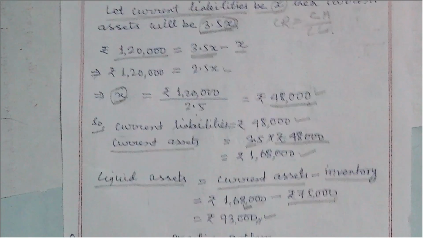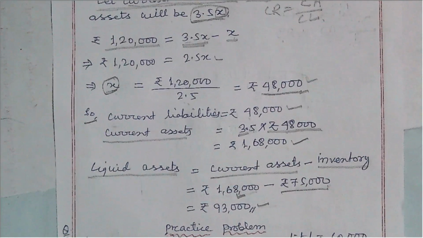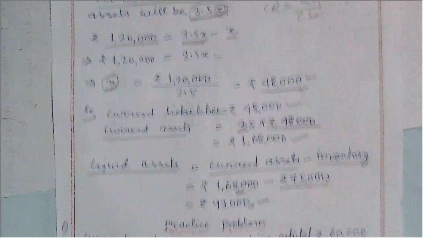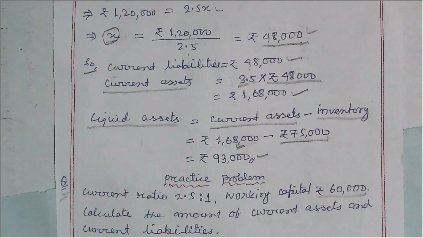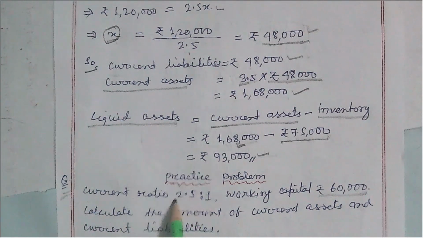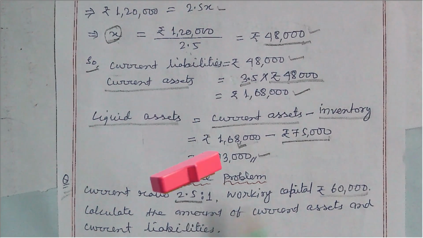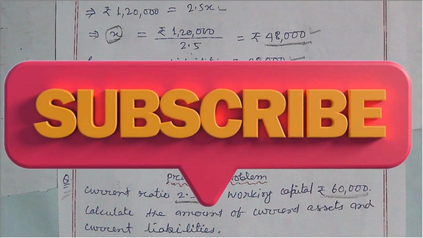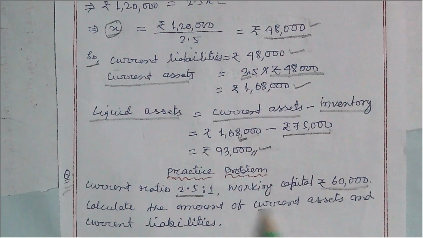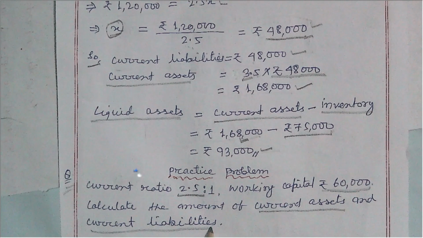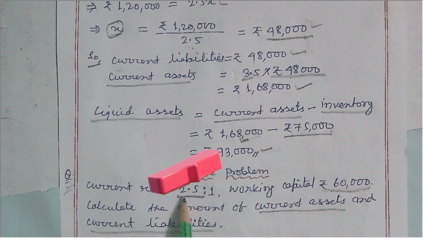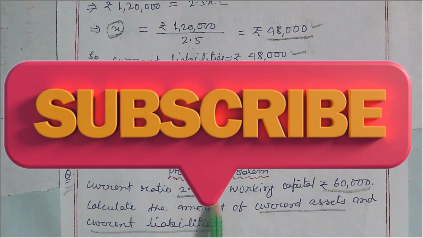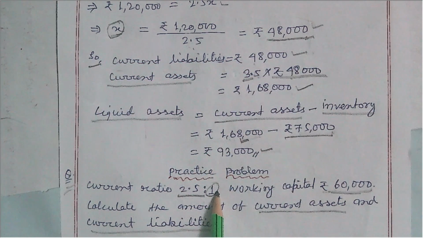All right. Now a similar problem I have given to you for your practice. All of you practice it and write in the comment section. Here current ratio is 2.5:1. Working capital is rupees 60,000. Calculate the amount of current assets and current liabilities. Using the same steps, only changing the values, instead of 3.5x it will be 2.5x for current assets, and 1 is current liabilities, that is x.